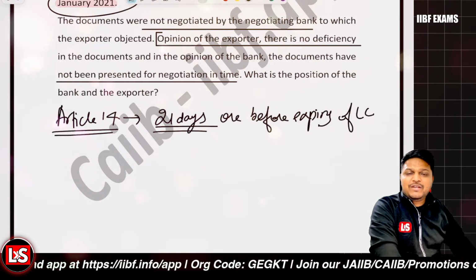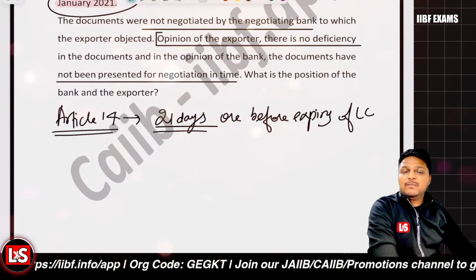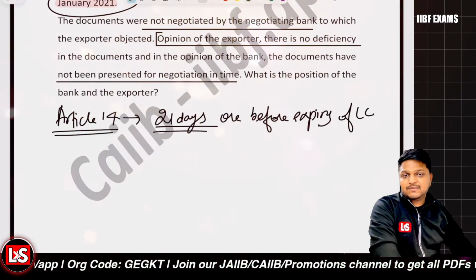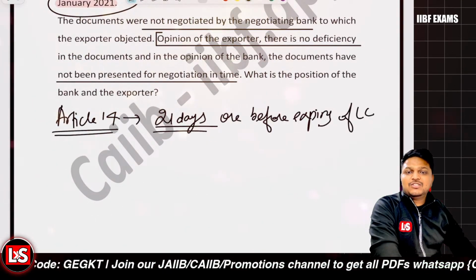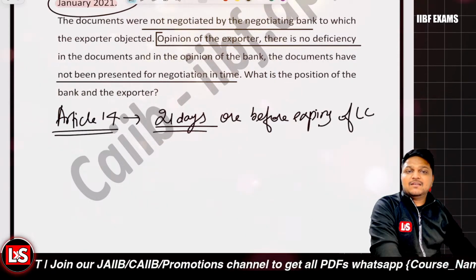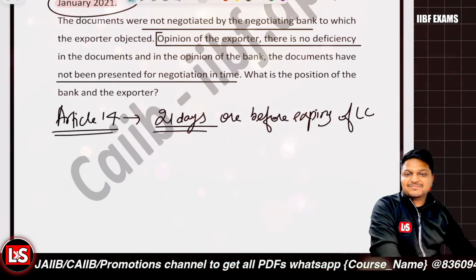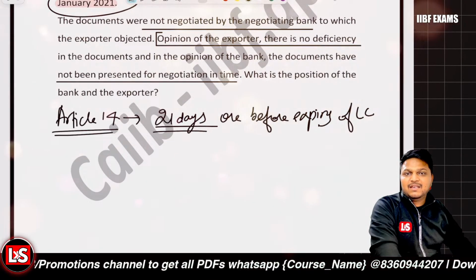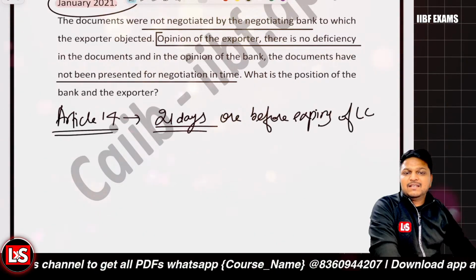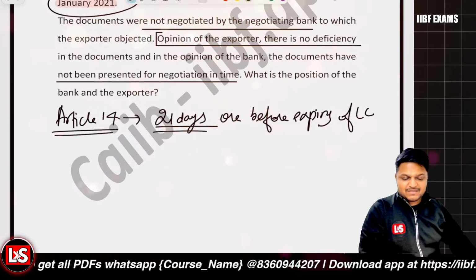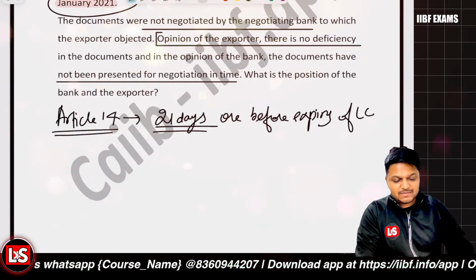Right? And also we learned that the issuing bank will have 5 banking days to check if the compliance is genuine or not. That we also covered.